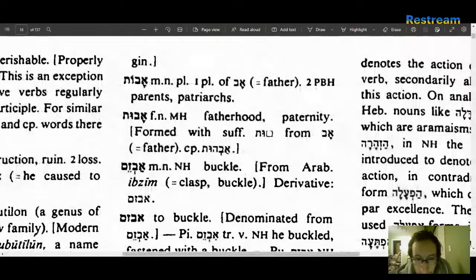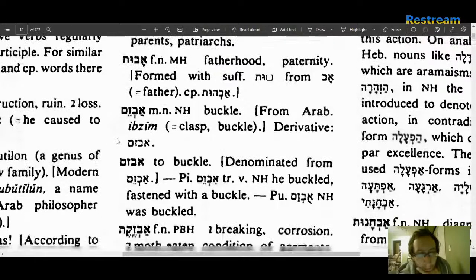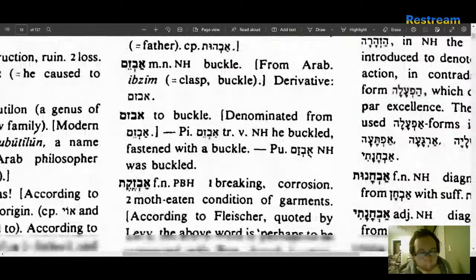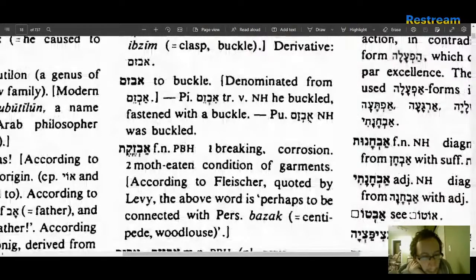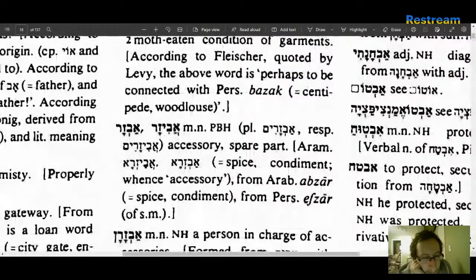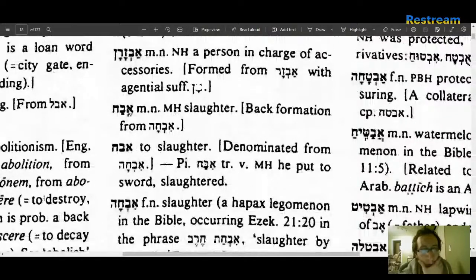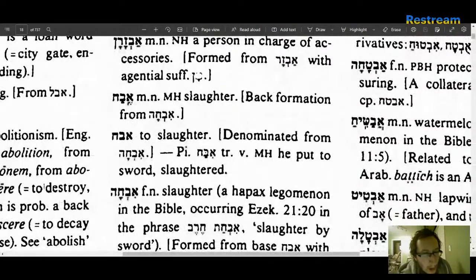Okay. The Arabic word abzim, right here. Slaughter. So this occurs later.